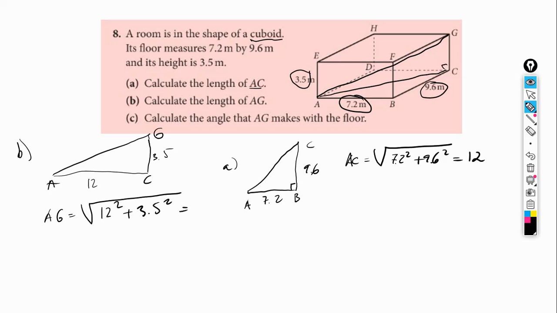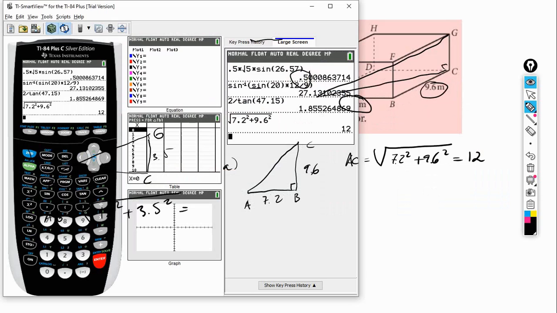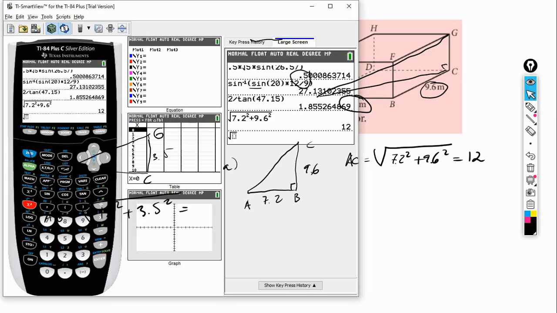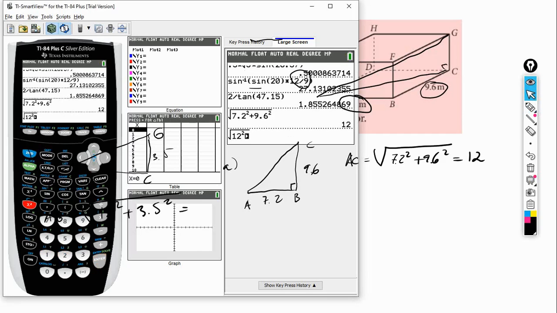So AG is equal to the square root of 12 squared plus 3.5 squared. So this is going to require the calculator again. So let's go get it. And let's do it then. So square root of 12 squared plus, we said 3.5 squared.